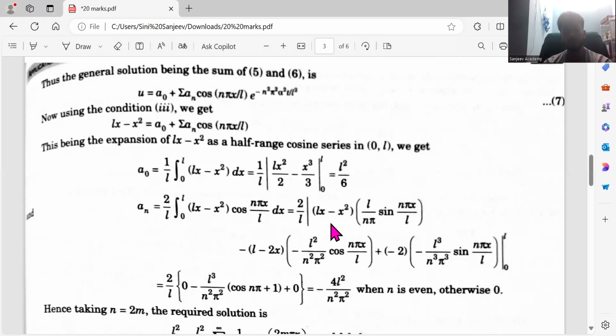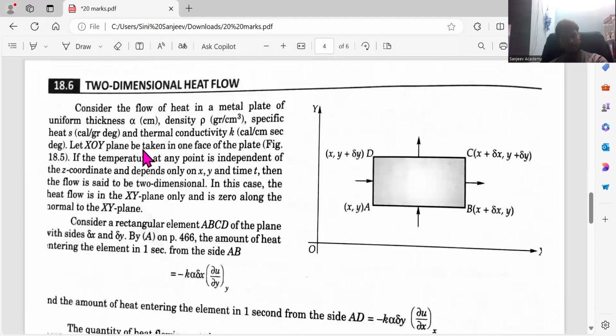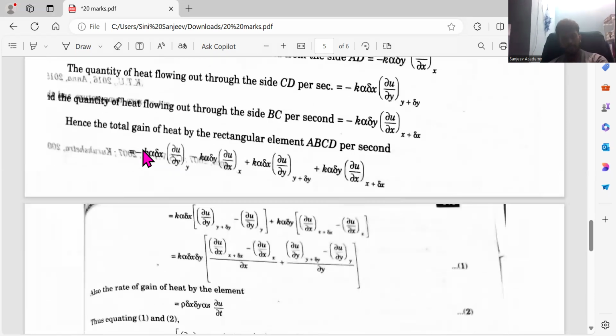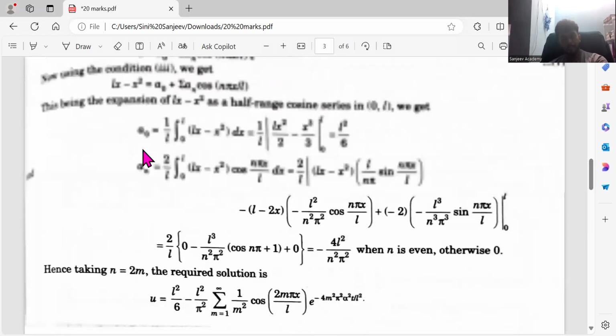So I hope everyone knows it. Yes, and then I'll be getting this. And if n is even, I'm putting n is equal to 2f. That's all. Whatever a naught and a n value I get, I'll substitute in the above equation. That is our final answer.